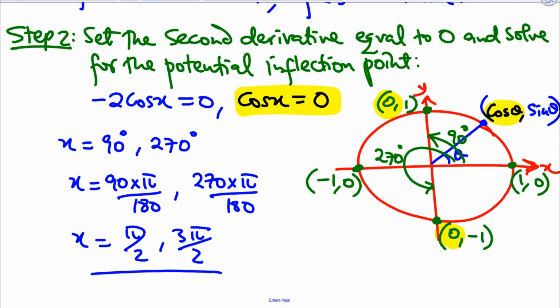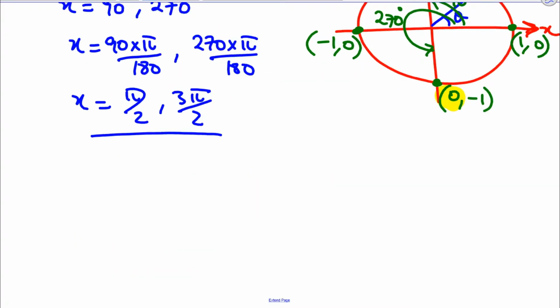Those are the points where we suspect there are inflection points, and we need to check for change in concavity. So that leads us to step 3.